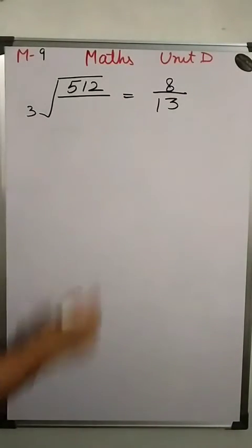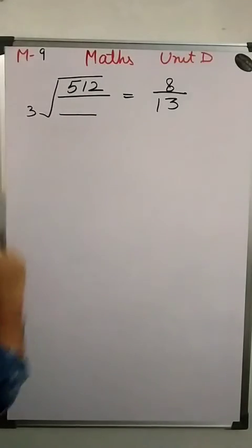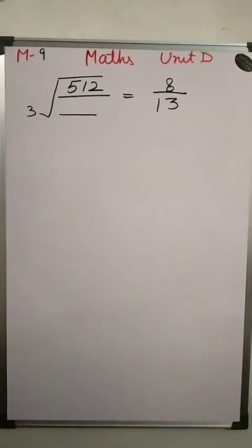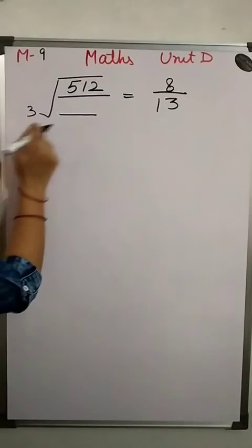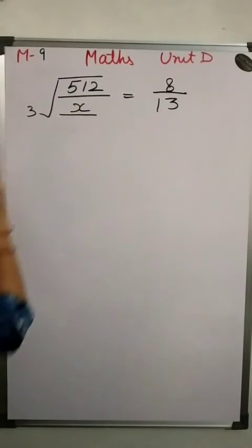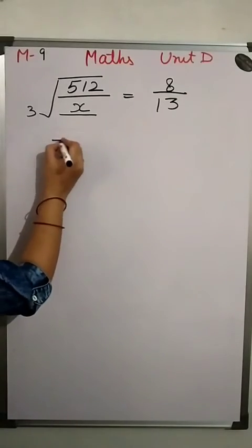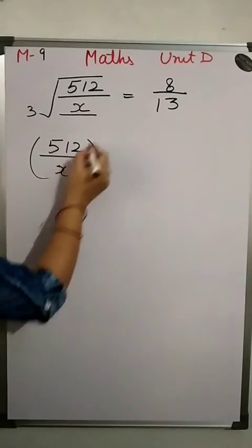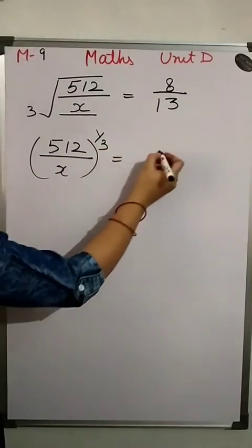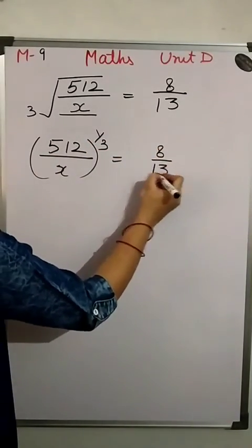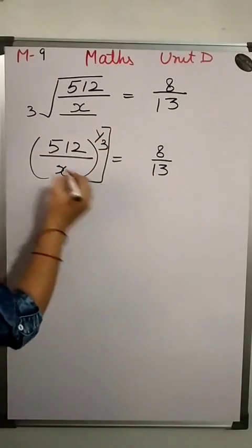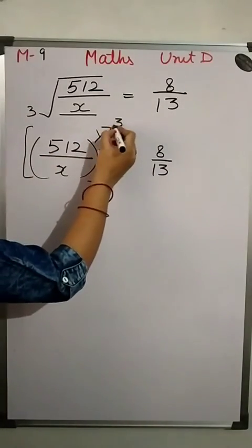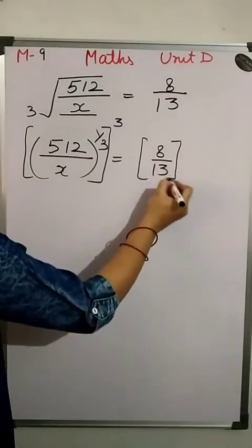The cube root of 512 upon, we have to fill up this space, is equal to 8 upon 13. As I told you, whenever the 3 is written here, I put x here, and the meaning of this is 512 upon x whole to the power 1 by 3. So we can cube this whole number, cube this one also.